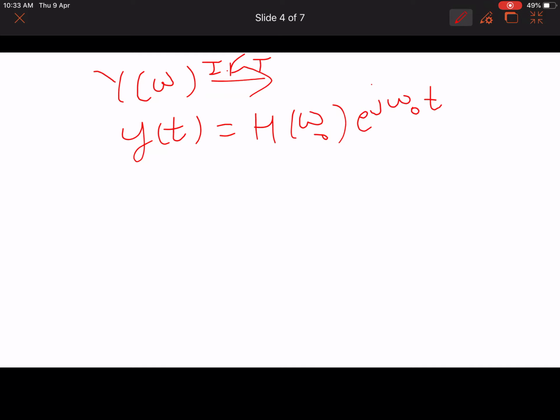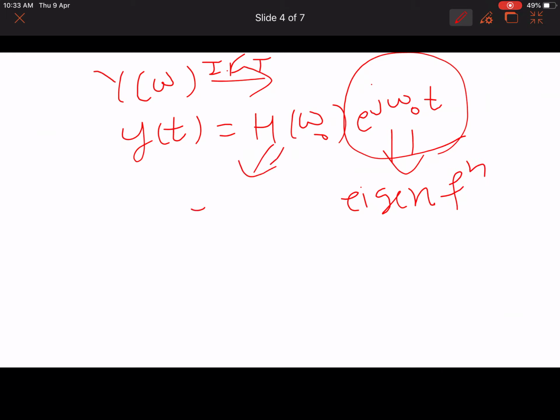It indicates that the complex exponential signal e^(jω₀t) is an eigenfunction of the LTI system, with eigenvalue H(ω₀).